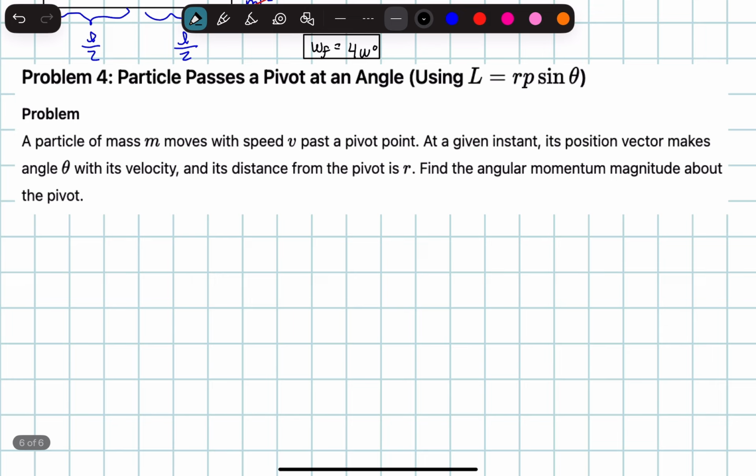So you're going to use the definition for a point mass, where your angular momentum is equal to rp sine theta. And also using momentum, we have p is equal to mv. Now we can substitute p in right there. So then you just have L is equal to rmv sine of theta as your solution.